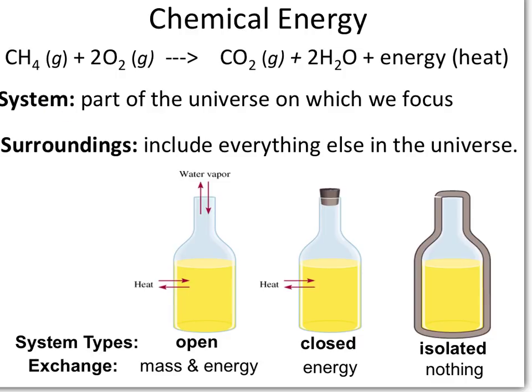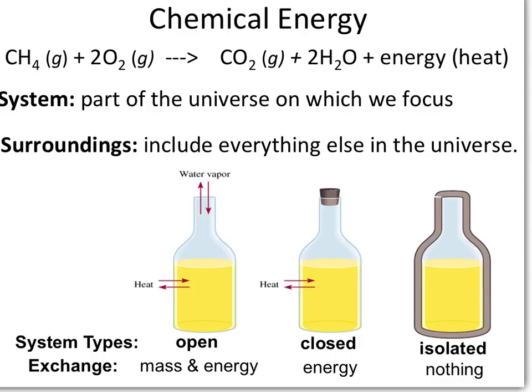A system is the part of the universe on which we're focusing. So the system might be the container in which the reaction is occurring. And usually for chemical reactions, it is the container in which the reaction is being held. The surroundings include everything else in the universe, so everything that's surrounding whatever we're focusing on.